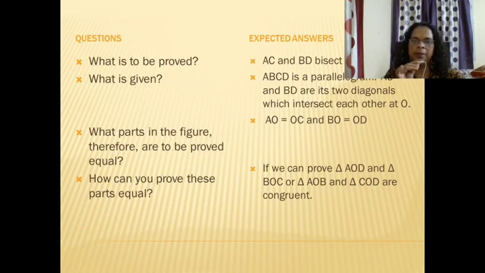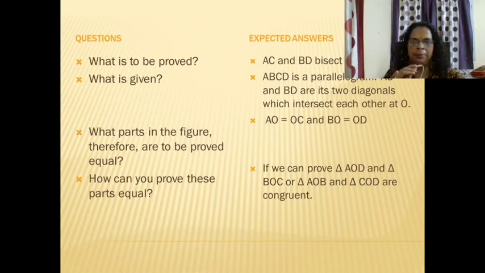So the first question we ask is, what is to be proved? Here ABCD is a parallelogram, AC and BD are the diagonals. So what we have to prove here? AC and BD bisect each other. Then what is given here? What are the things that are given? Let the student say the answer. ABCD is a parallelogram.